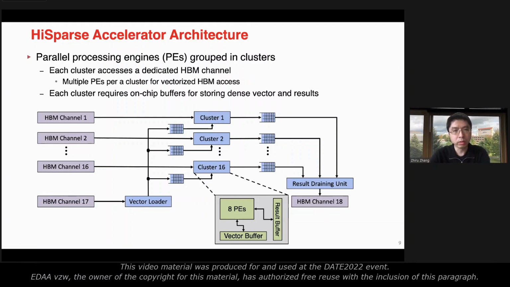We also want to read out the entire vector per cycle from each channel to really maximize the bandwidth efficiency. And inside each cluster, we also have an on-chip buffer for the input vector, and also we have a buffer for storing the intermediate results and also the final results. Okay. So this is the overall architecture. I'm going to give you more details later on.